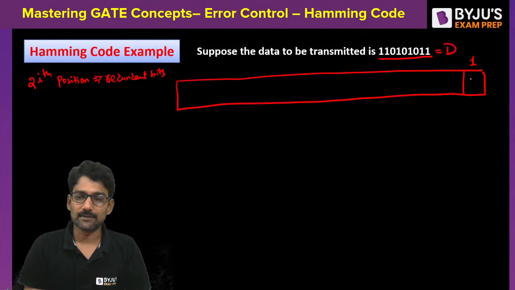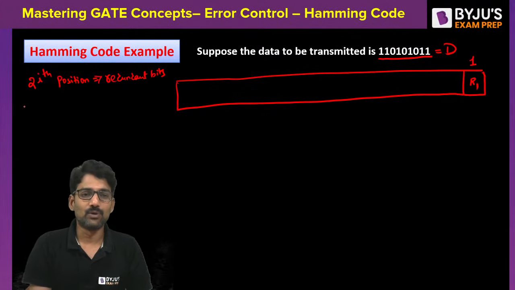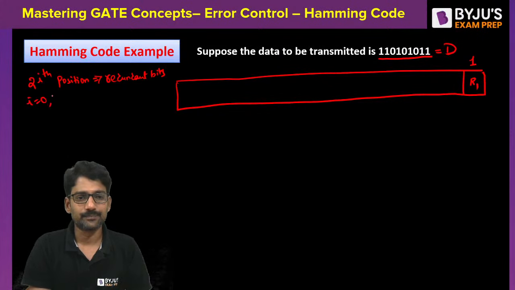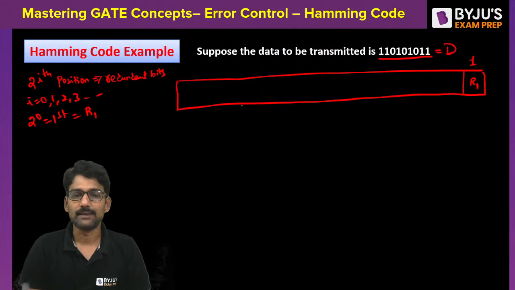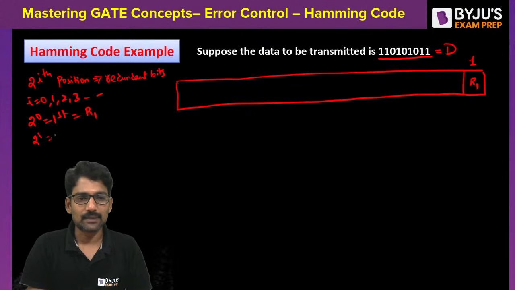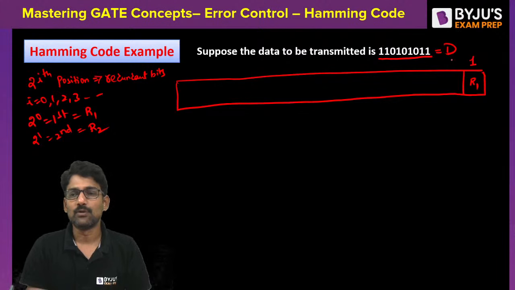Let's say the first redundant bit is R1. We know i starts from 0, so 2 power 0 means the first position, that is R1, and 2 power 1, the second position, is R2.